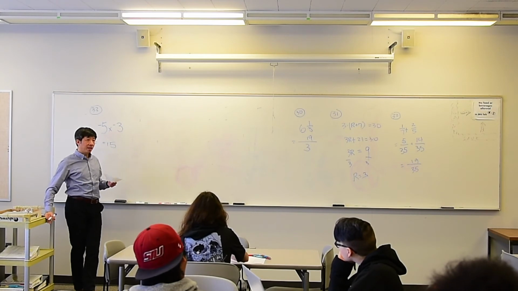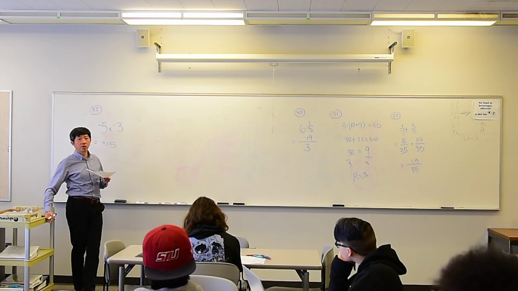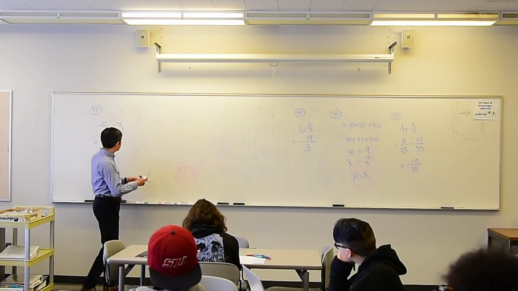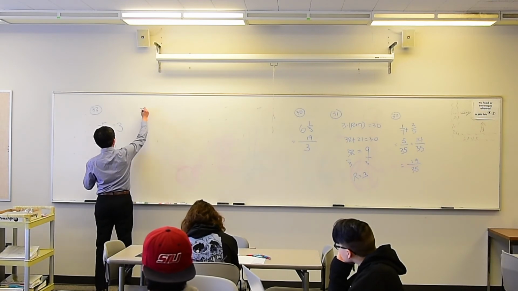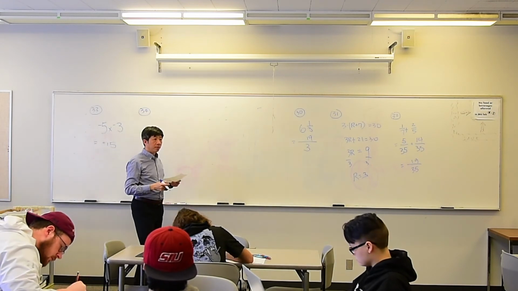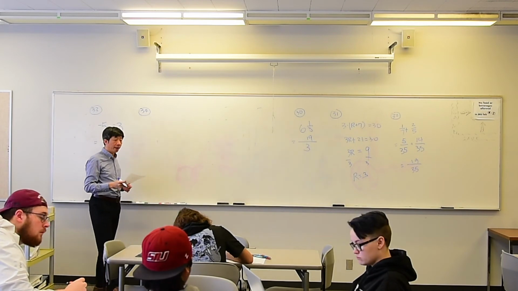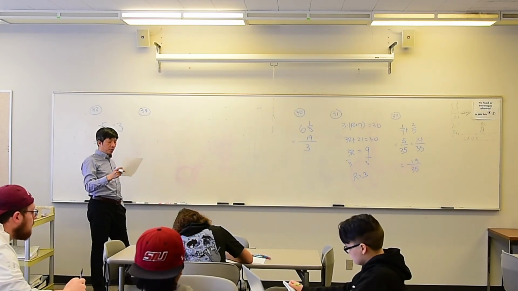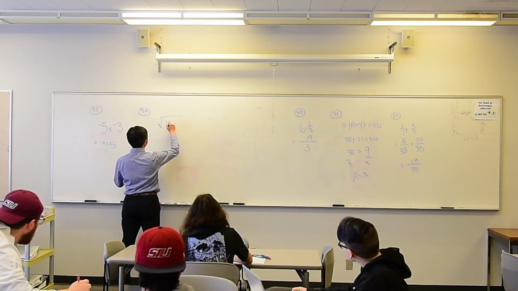And then the next class we work on decimals, fractions, and integer operations. This would take at least one or two days of class to explain why. Okay. Next, 34. Square root 169.